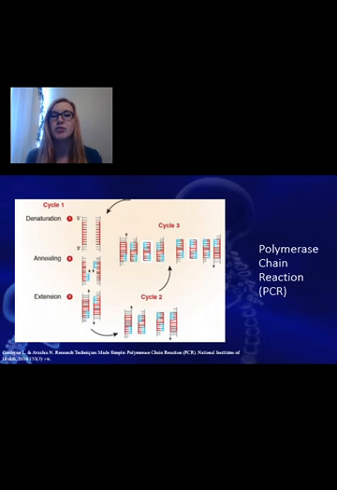During annealing, the temperature is lowered to approximately 55 degrees, and this allows the primers to attach to the complementary DNA sequence of interest. And then extension is where the temperature is raised to 72 degrees. This allows the Taq polymerase to add the complementary bases to extend the DNA. This is repeated 25 to 40 times, and then it is visualized on an agarose gel.